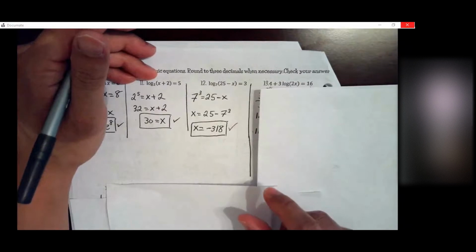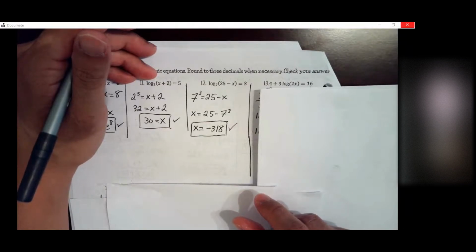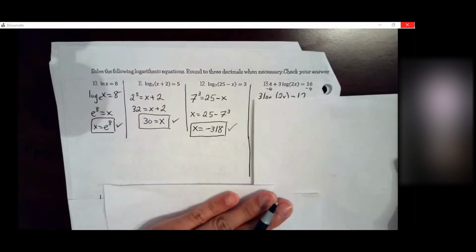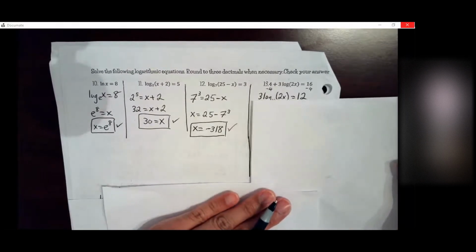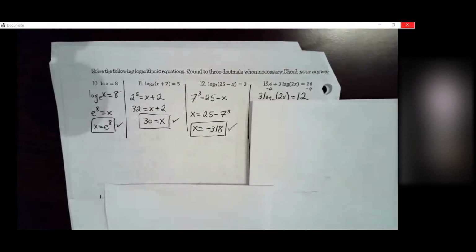Okay. This one I'm going to subtract 4 from both sides. So 3 log 2x equals 12. Could I do 12 divided by 3? Yeah.